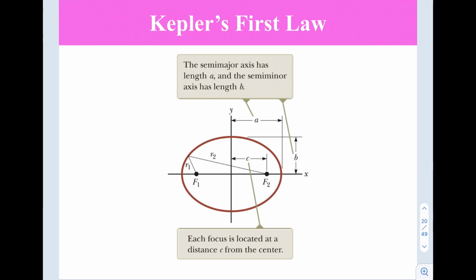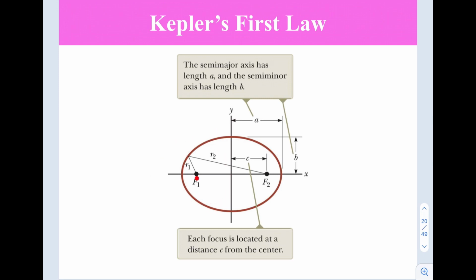The first one, semi-major axis. Talking about the orbit of a planet, it is actually an elliptical orbit. We can imagine the elliptical orbit is a combination of two circular orbits.